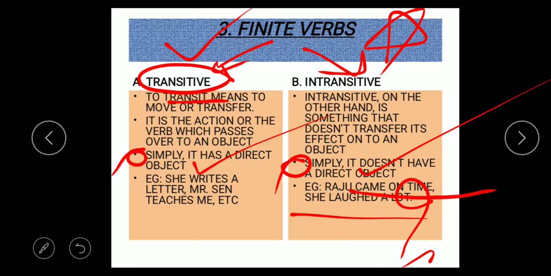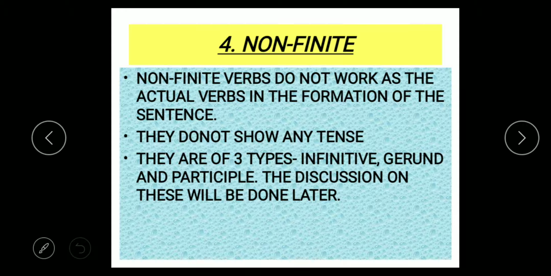Now we will move to the fourth category, that is non-finite. Non-finite verbs do not work as the actual verbs in the formation of the sentence. They do not show any tense. That is the most important thing.